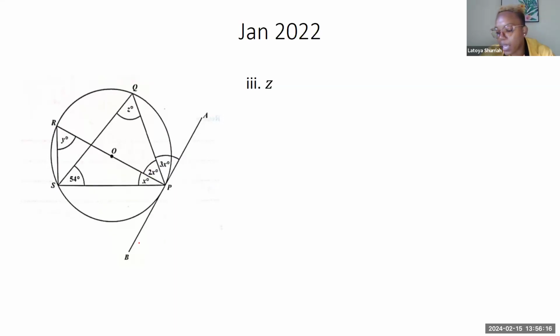All right, so the final question is 156, and I know your brains are tired. So we're just going to do the final question, which is Z. And Z is pretty easy again. Can anybody give me the answer for Z?